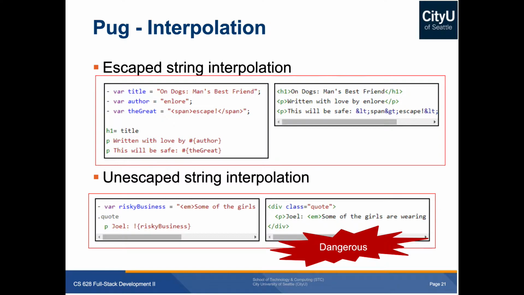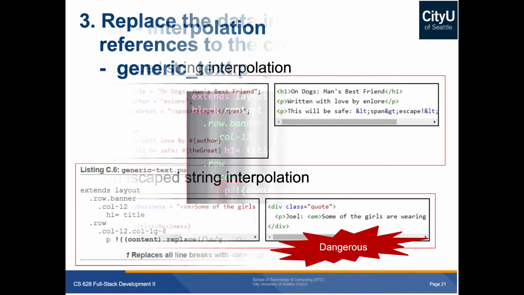How about the author? We can use string interpolation with the hashtag and curly braces. For the unescaped string interpolation, we would use the exclamation point instead of a hashtag.